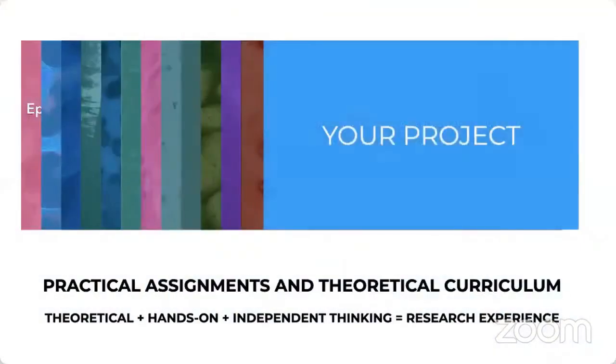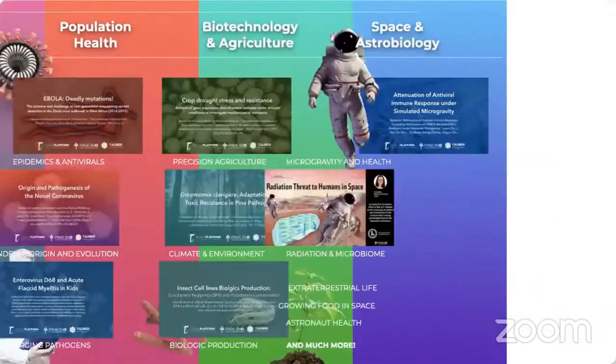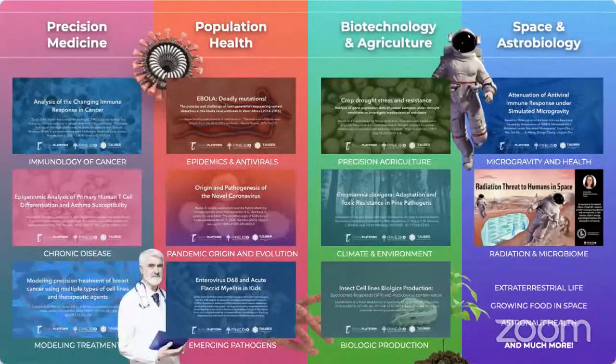So this can be your project at the end of this analysis also. Once you have acquired all the necessary skills and you are performing your research in good, healthy progress, you can apply these skills to various research problems that shape the bioinformatics and biological research of today. It can be from precision medicine, population health, or even space and astrobiology.